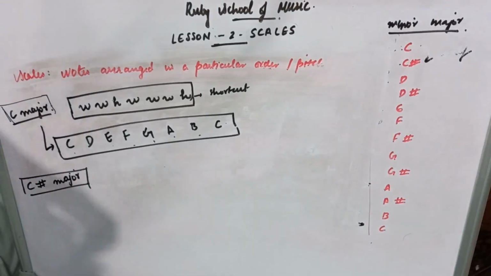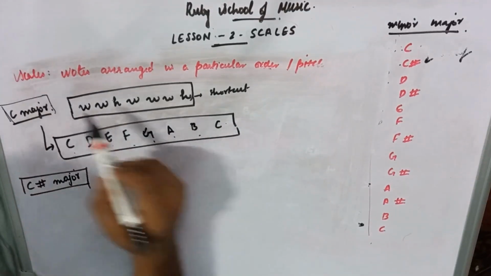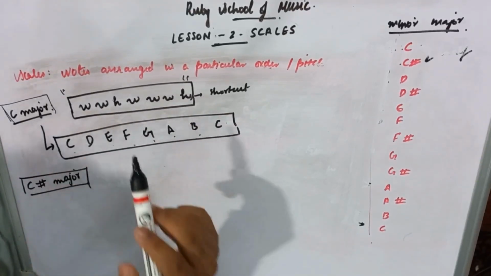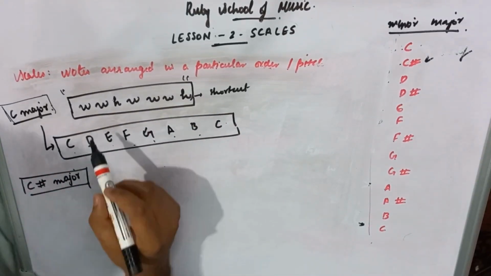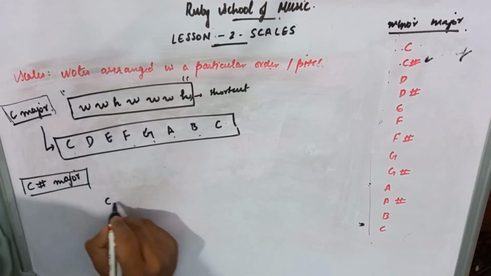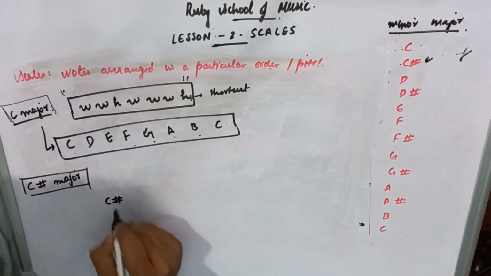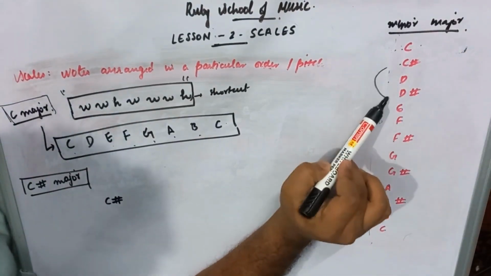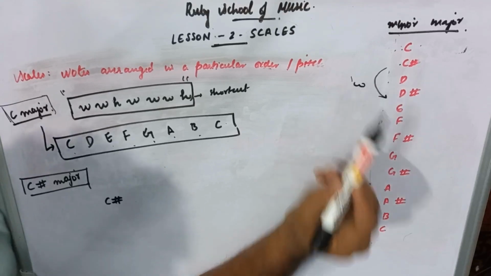For writing the notes of C sharp major, we follow the same shortcut, that is whole, whole, half, whole, whole, whole, half. So right now the first note will be C sharp because we are writing about C sharp. Now for C sharp, what is the next whole note? C sharp to D sharp, that is a whole note.